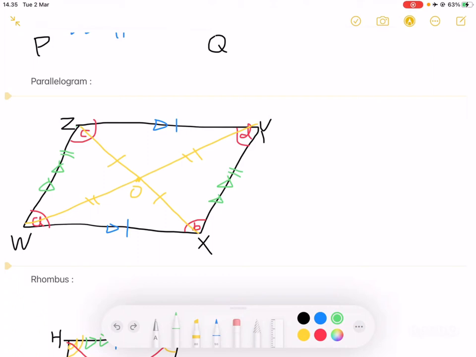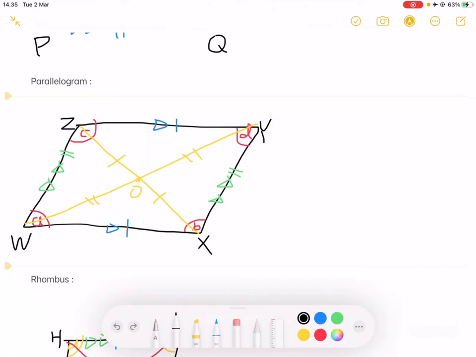Not only are they parallel, but opposite sides, which are the parallel lines, must be equal. So this green parallel line must be equal to this green parallel line, and so are the blue parallel lines right there.